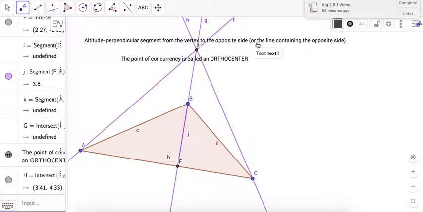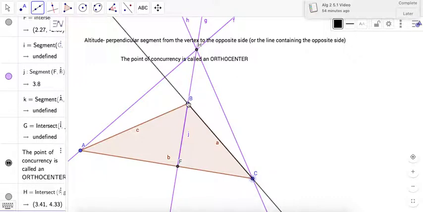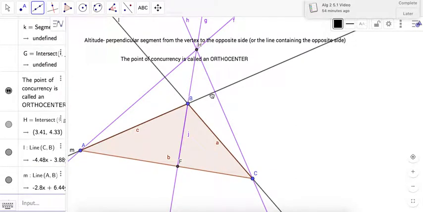This is where the line containing the opposite side comes in, because if I draw this line in, do you see how this makes 90 degrees right here? And same with this line, we make 90 degrees right here. So the altitude isn't always necessarily inside the triangle.